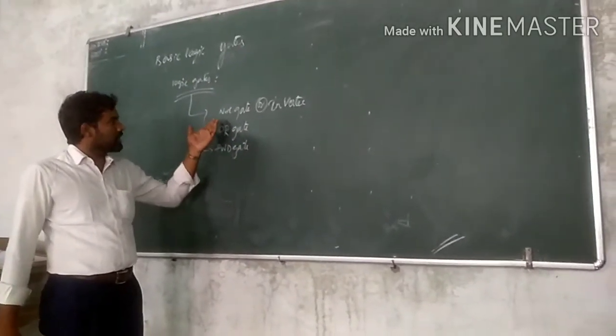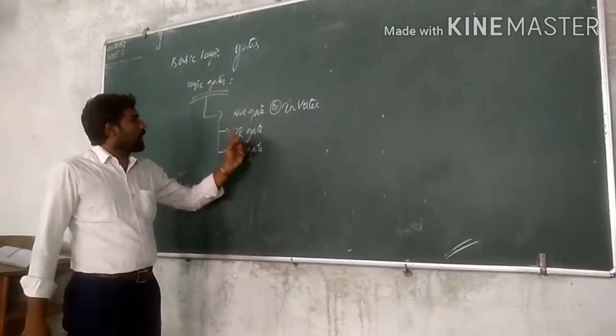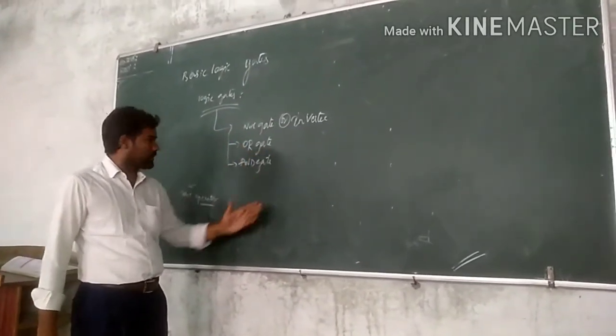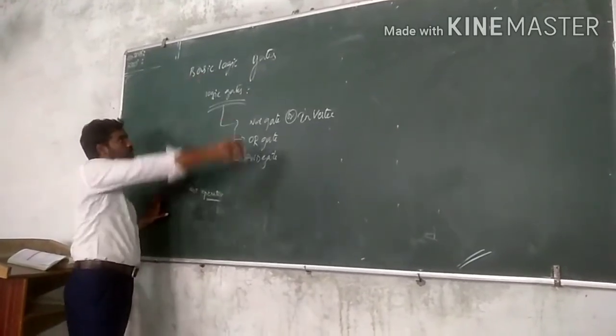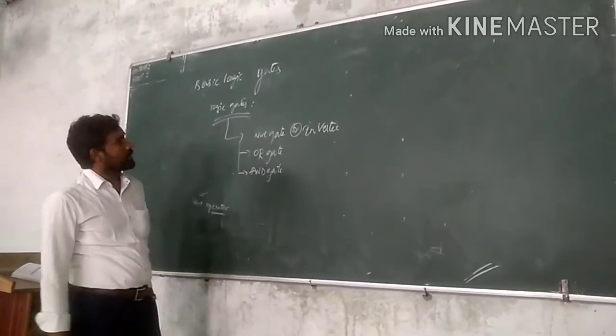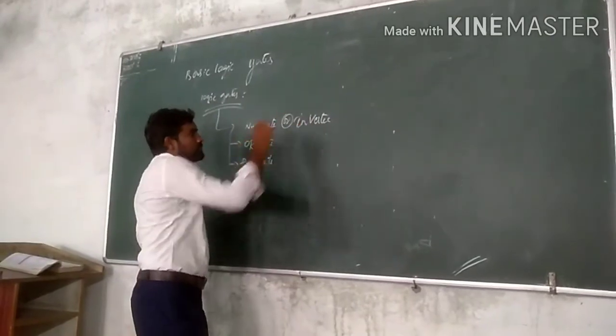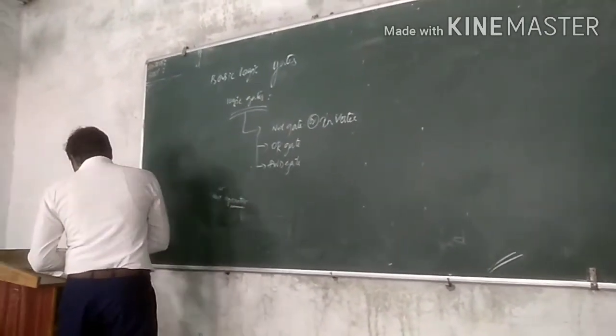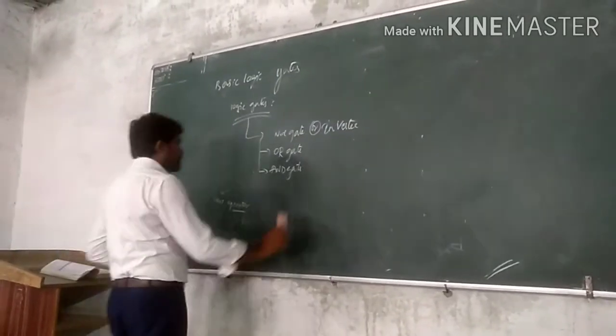Clear? In the previous class we took NOT operation, OR operator, AND operator. Now we are going to use NOT gate, OR gate, AND gate. NOT gate is sometimes also called an inverter. Let us go one by one.